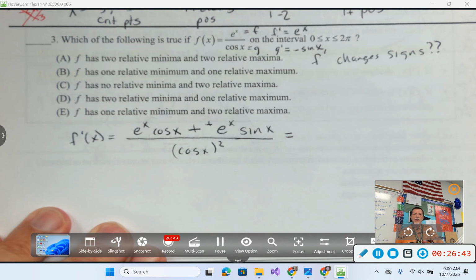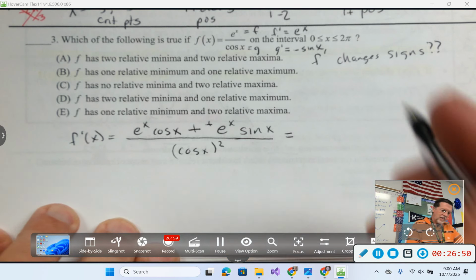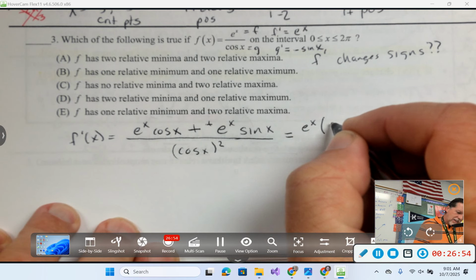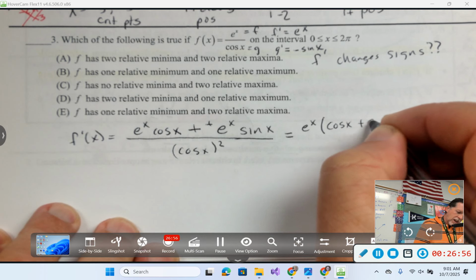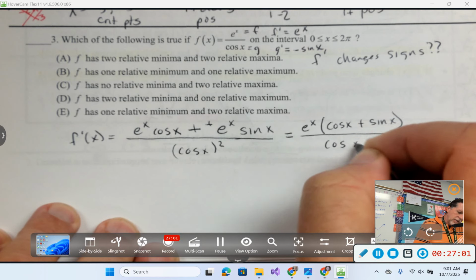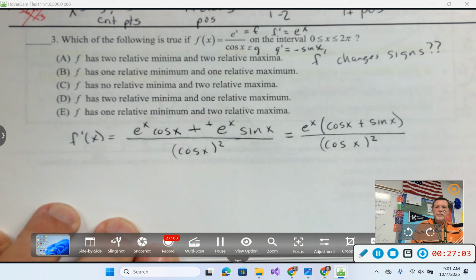Okay, I'm looking for where f prime is 0 because I'm thinking about sign charts, thinking about changing signs. Let's factor out the e to the x: e to the x times cosine x plus sine x, all over cosine of x squared.